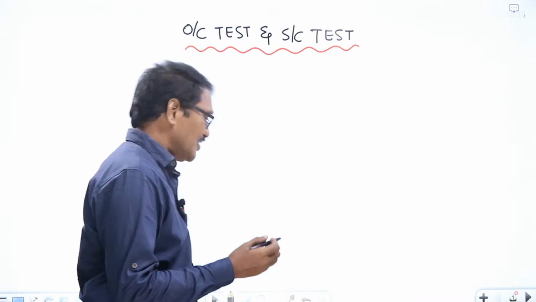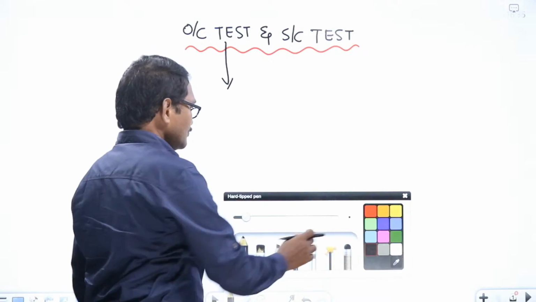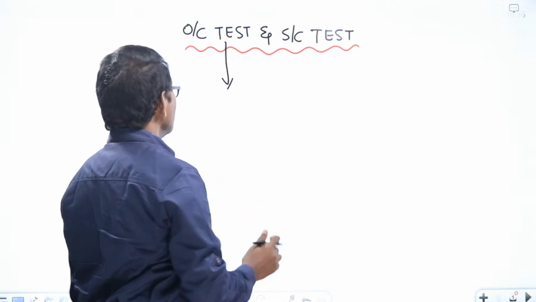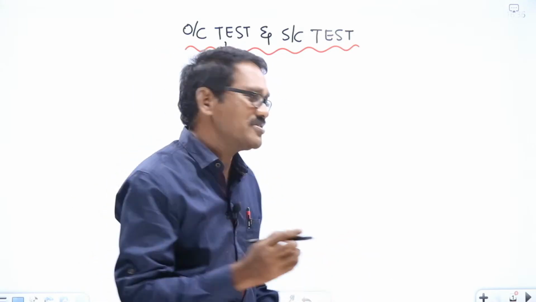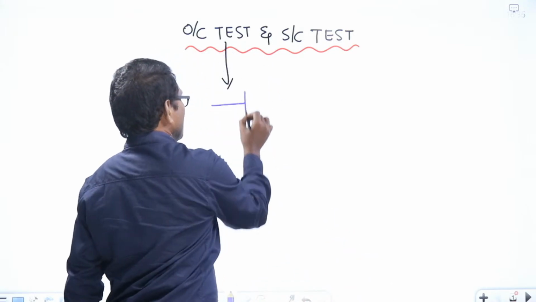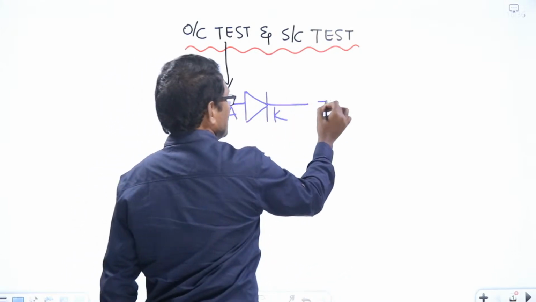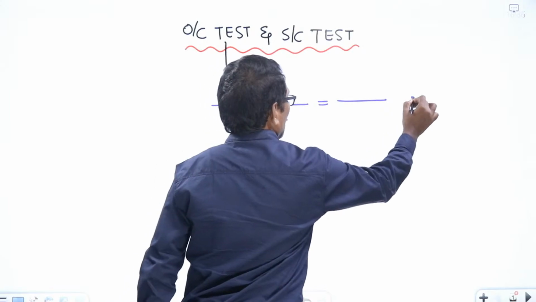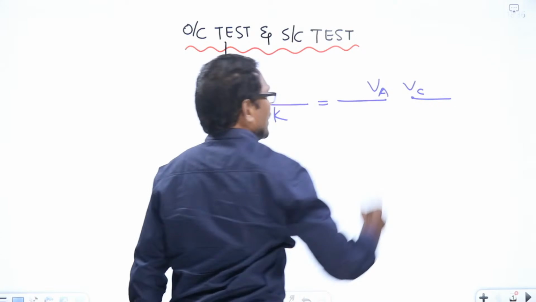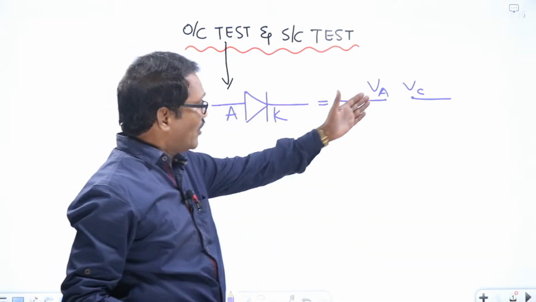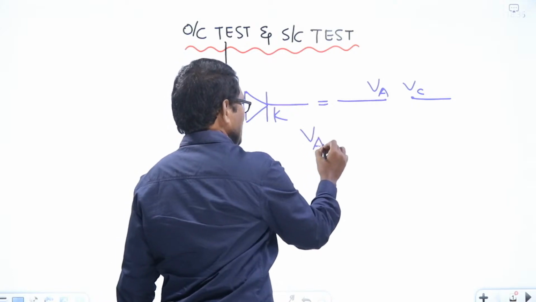First, let us observe the open circuit test. In this case, the diode is replaced by an open circuit. This is the diode, with anode and cathode, replaced by an open circuit, with anode voltage VA and cathode voltage VC. Now we have to calculate VA minus VC.